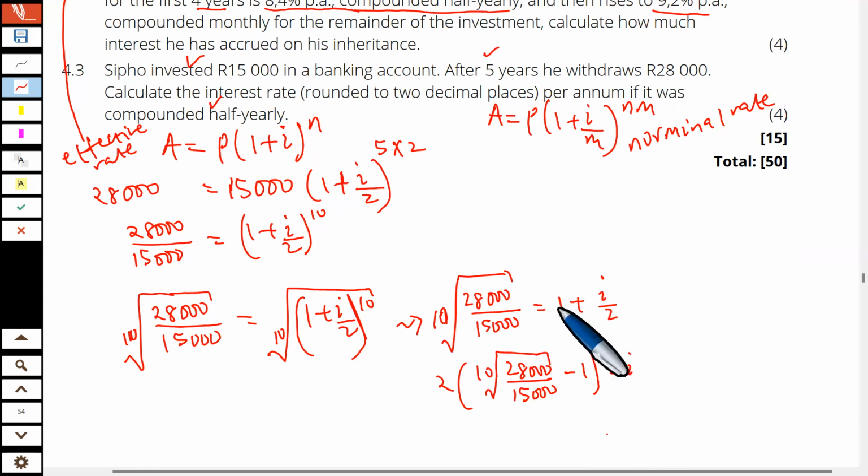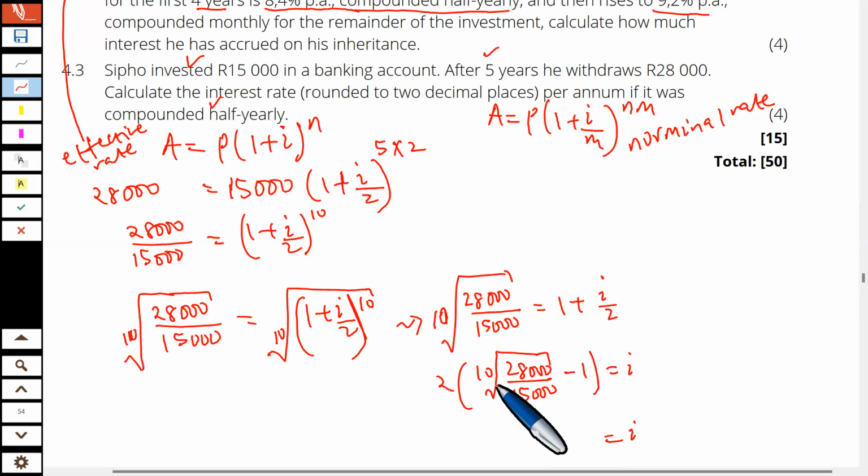If you use a calculator right now to get the actual rate i, you need to use a calculator to get this one, to be sure of what the answer is here.